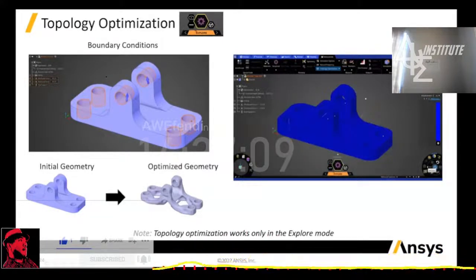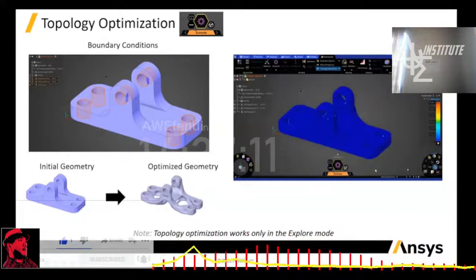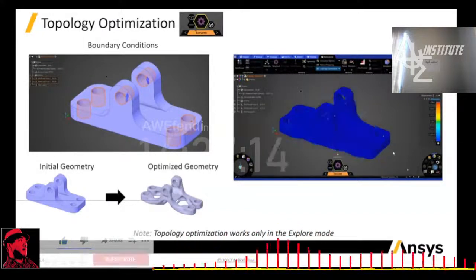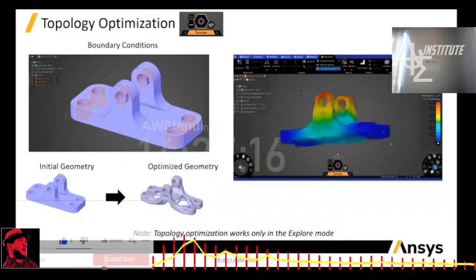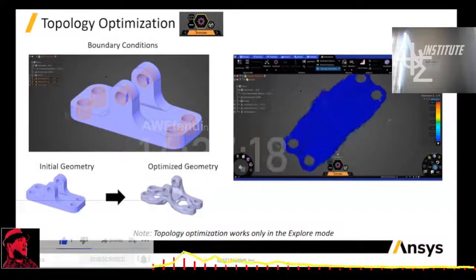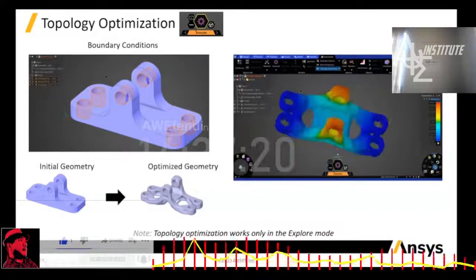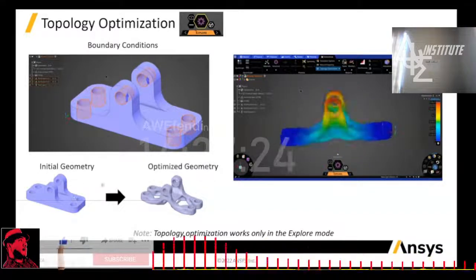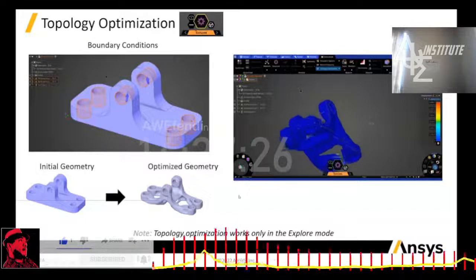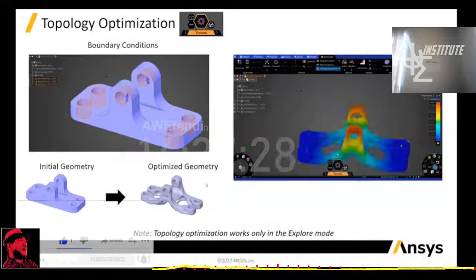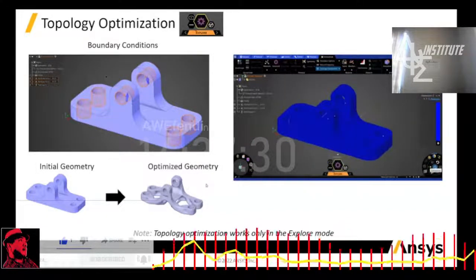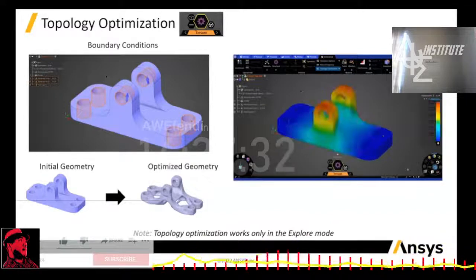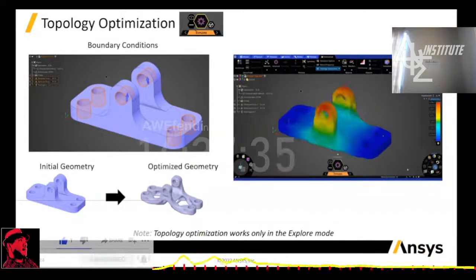On the right, you can see a GIF of how fast the optimization simulation runs, and we obtain the optimized geometry as shown in the bottom over here. So you can see that we started off with an initial geometry that looks more traditional like this, and now once our topology optimization is run, we've got a more optimized geometry over here. It is important to note that topology optimization only works in the explore mode.